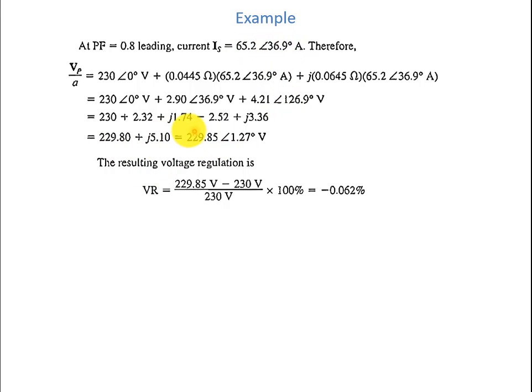Then we get Vp over a as 229.85 volts with an angle of 1.27. Here we can see that our voltage regulation is negative. Negative means that Vp over a is smaller than the output voltage, which is the secondary voltage.